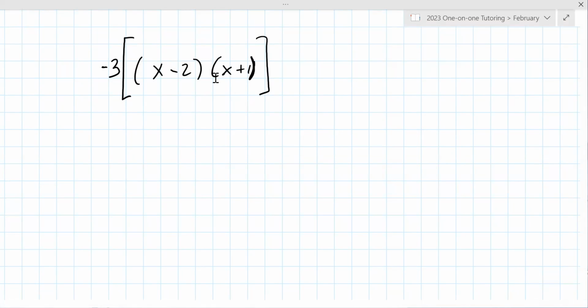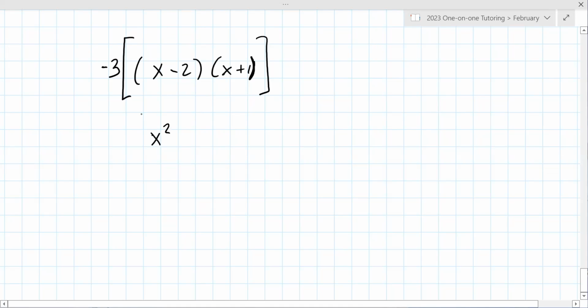So I would do the x. I'd start with the x, and that'd be x squared first. Yes. So you're still going to do the x squared stuff. Give me the rest here, please.